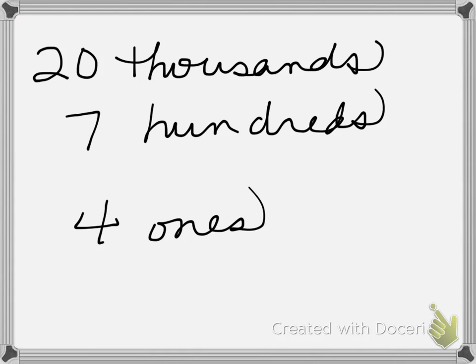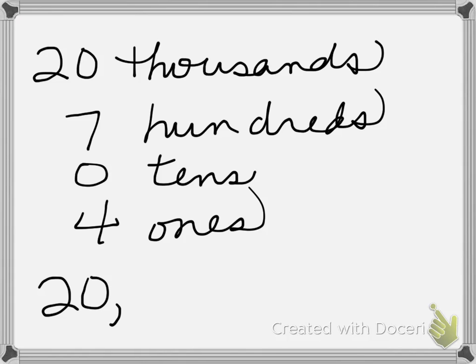They don't tell you have any tens, so you can assume there are 0 tens. So you would write the answer as 20,704, and that would be your number. Okay, so you can do all of those in number 2.